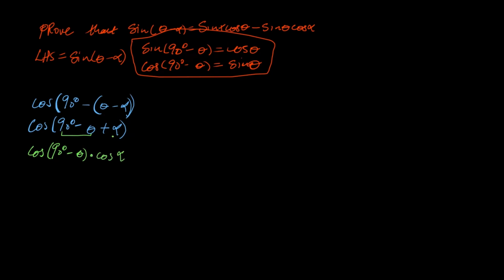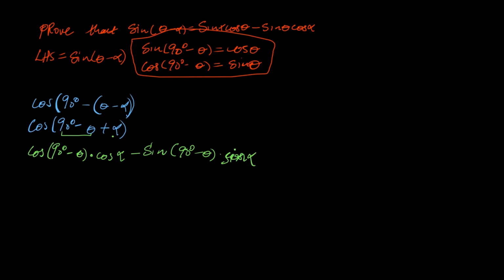We expand using the compound angle for cos. Then we'll have minus sine, the angle in question being 90 degrees minus theta, multiplied by sine alpha.